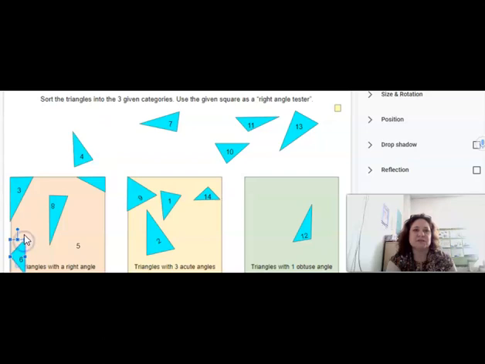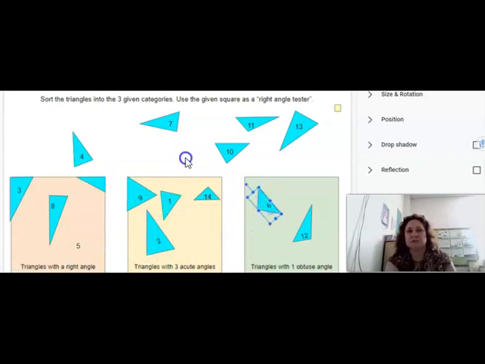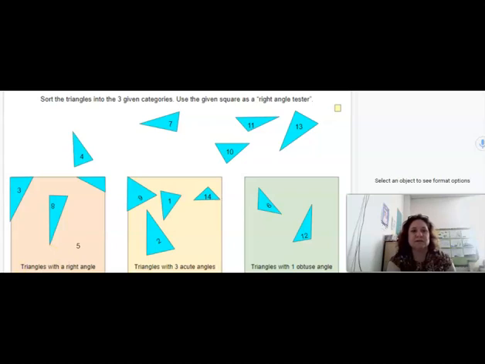Let's see if number 6 is. Oh, no, it's a little bit too big. That is obtuse. Okay, so now you guys are going to get a chance to practice this on the next slide.